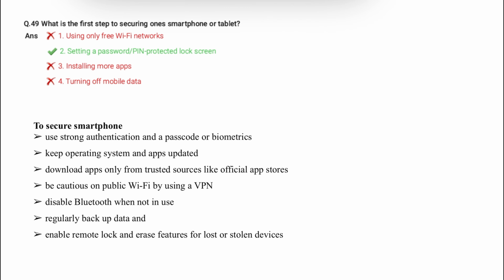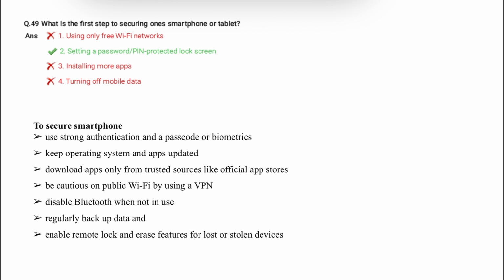Question number 49. What is the first step to securing one's smartphone or tablet? To secure a smartphone, use strong authentication and a password or biometric. Keep the operating systems and apps updated. Download apps only from trusted sources like official app stores.